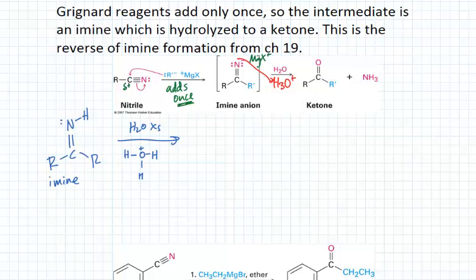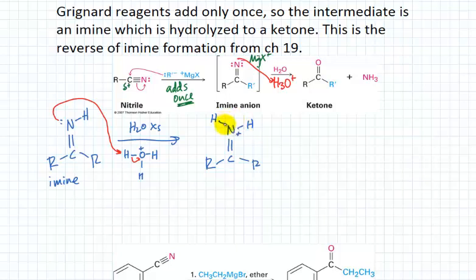I'll give you a hint here. First thing we're going to do is protonate. We can kind of pretend that was a carbonyl. If we had acid, we would protonate that, right? So let's draw that. That's now an N plus because it has 4 bonds.